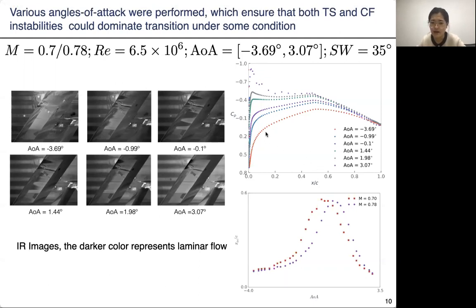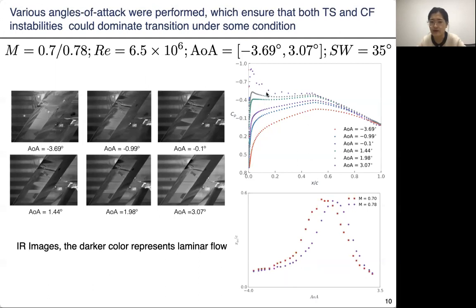At a large negative angle of attack, it corresponds to a large favorable pressure gradient. It means that the cross-flow instability dominates the transition. As the angle of attack increases, the favorable pressure gradient is reduced, and then the transition location moves downstream.